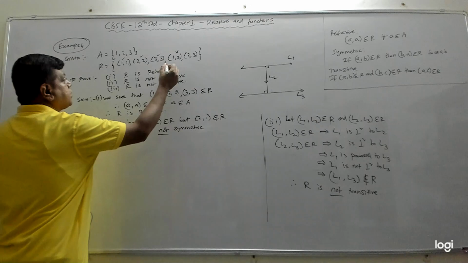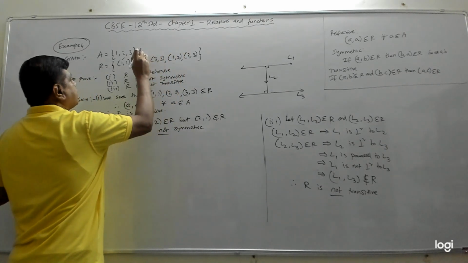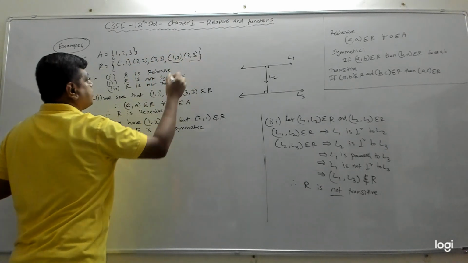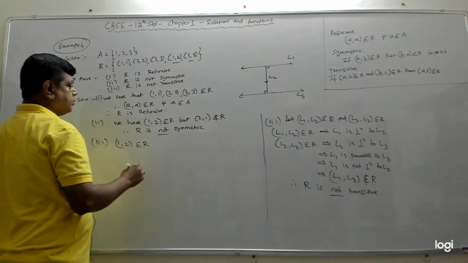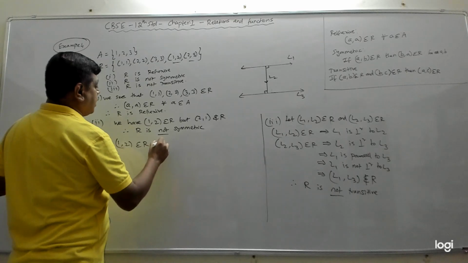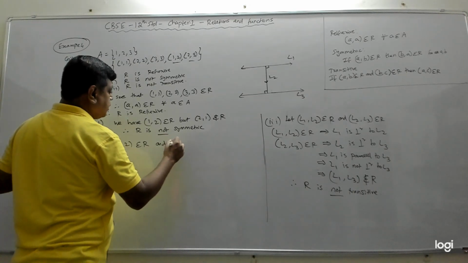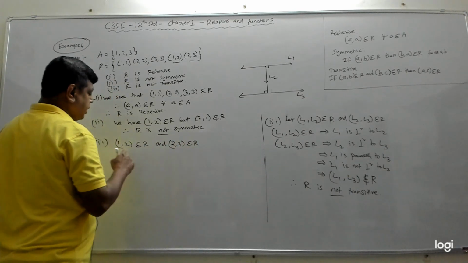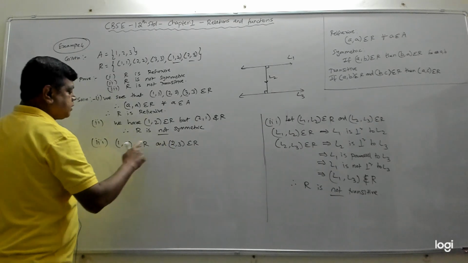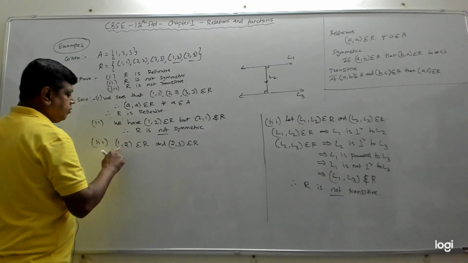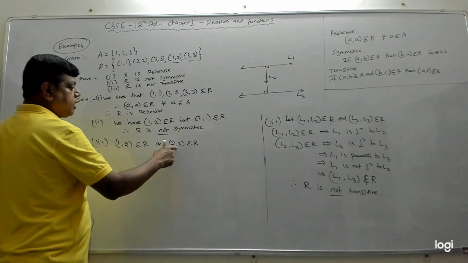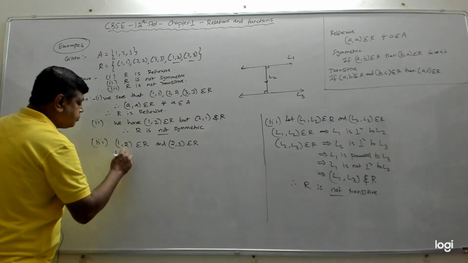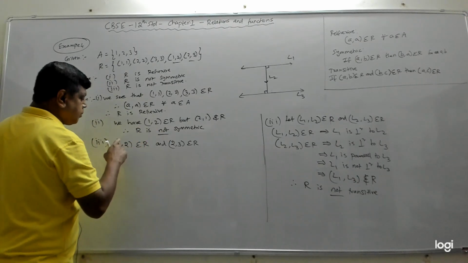Now let's take the element. Let's observe these two elements. 1 comma 2 belongs to R, right? And 2 comma 3 also belongs to R. This is like A comma B, B comma C. So A comma B belongs to R and B comma C belongs to R. But A comma C, what is A comma C? 1 comma 3.